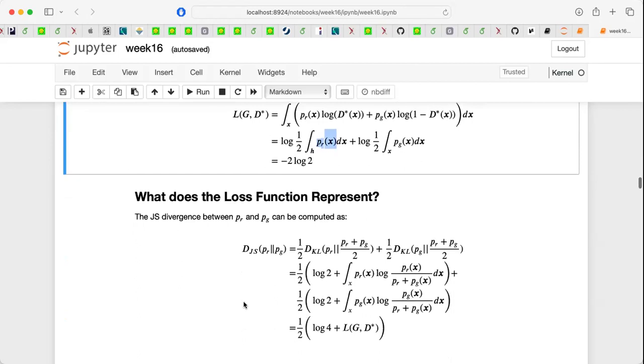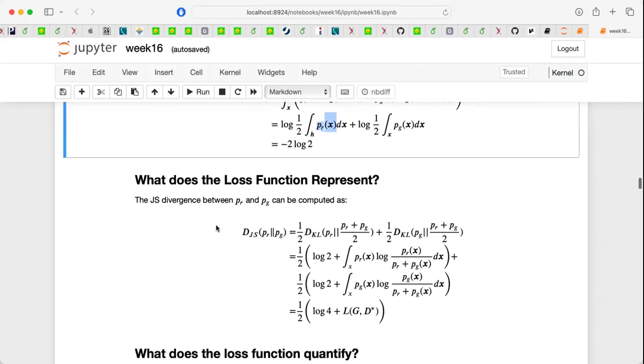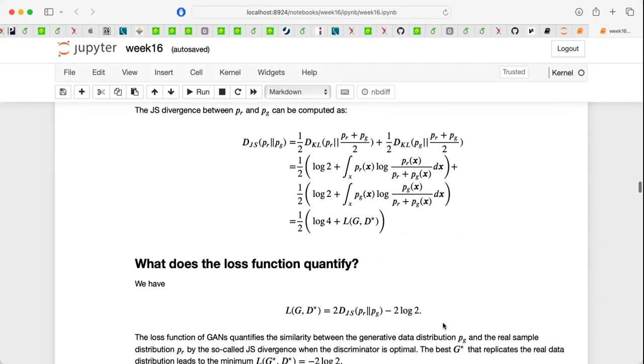So when we now look at this divergence, this Jensen-Shannon divergence, which we included, we can actually compute it by just plugging in these optimal values. That means the divergence here, which is used as a kind of metric in the optimization, is given by log 4 plus the loss function calculated at the optimal value of D. And what does this loss function actually quantify?